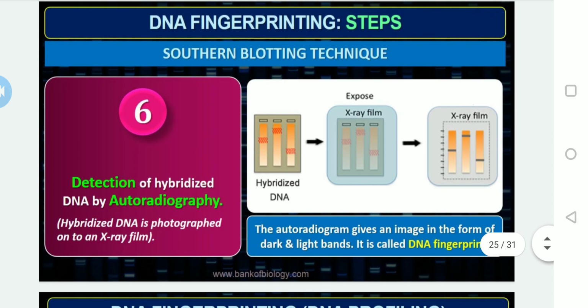And the last step is nothing but autoradiography, also known as the detection of hybridized DNA by autoradiography. What is this actually? During this last step, an X-ray film is placed on the nylon mesh to obtain an autoradiography print. The X-ray film is then processed to obtain visible patterns of the bands of DNA.